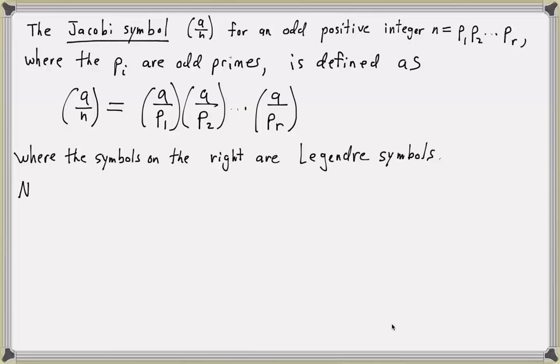First, a quick note: if n is prime, so if n just equals a prime p, then the Jacobi symbol will just equal one Legendre symbol, and so it reduces to the Legendre symbol.